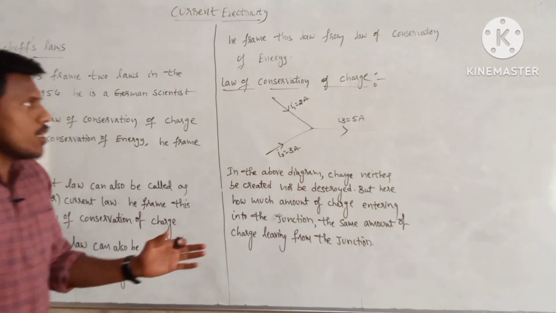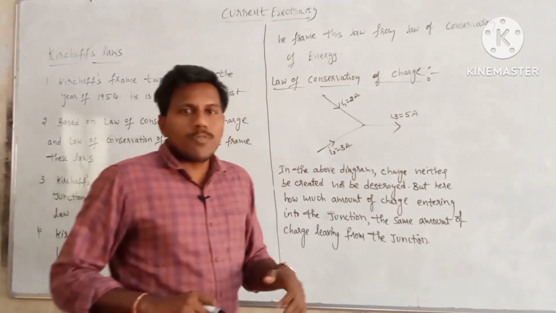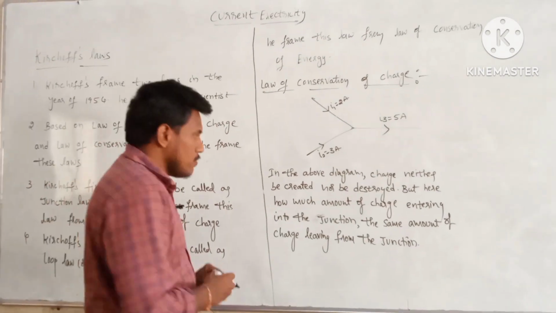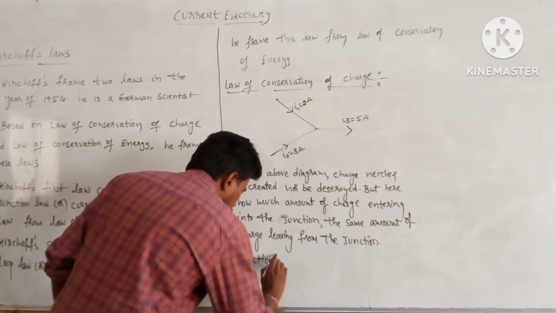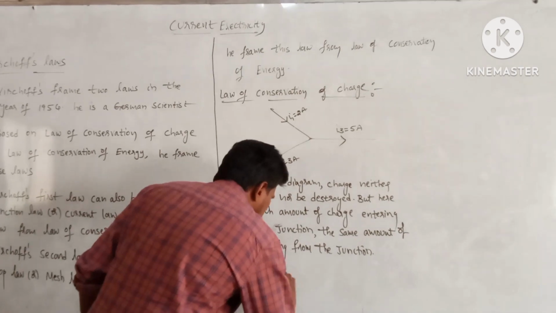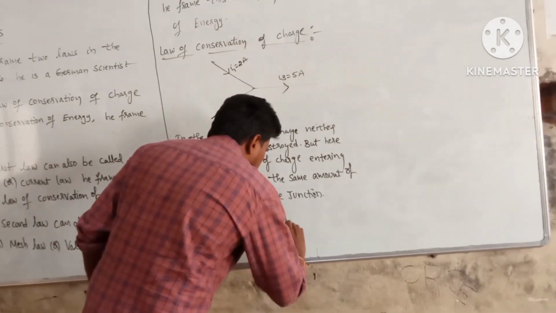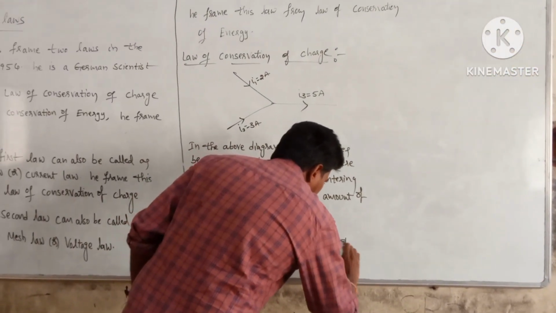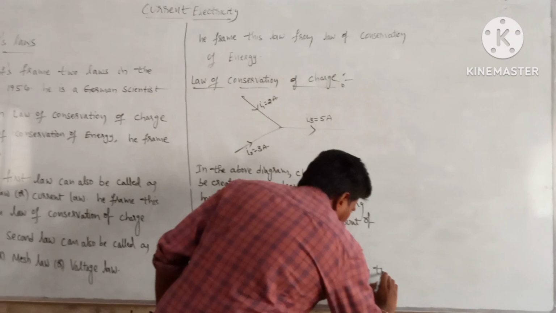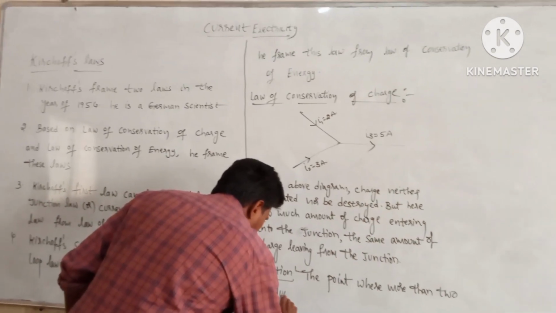First of all, what is the meaning of junction? Junction means the point where more than two conductors meet.